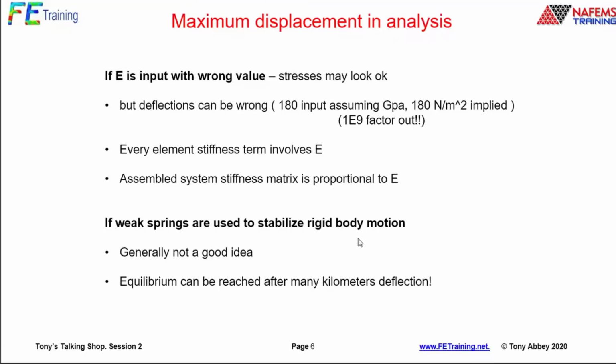One of my favorite hate things, one of my things I love to go on about, is that there's a lot of software out there that will say we can stabilize any potential rigid body motion by putting weak system springs in. This is quite popular in nonlinear analysis, but I have seen people using it in linear analysis.